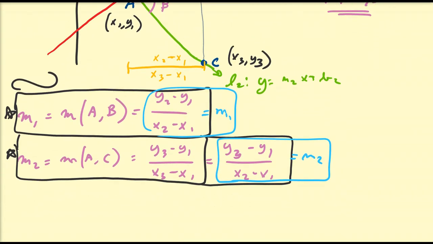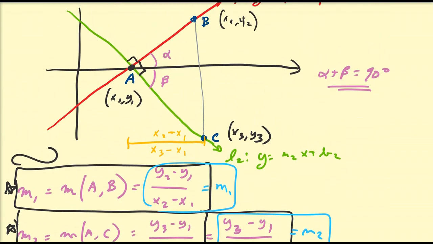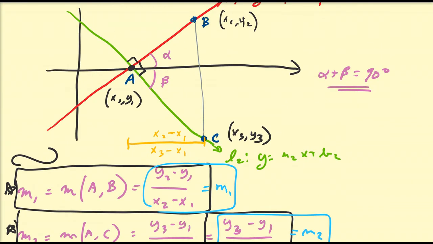Okay, great. So now let's look at the tangent function. I'm going to be focusing first on this triangle here. So what is this triangle equal to? This horizontal distance is of course x2 minus x1, and the vertical distance is y2 minus y1.